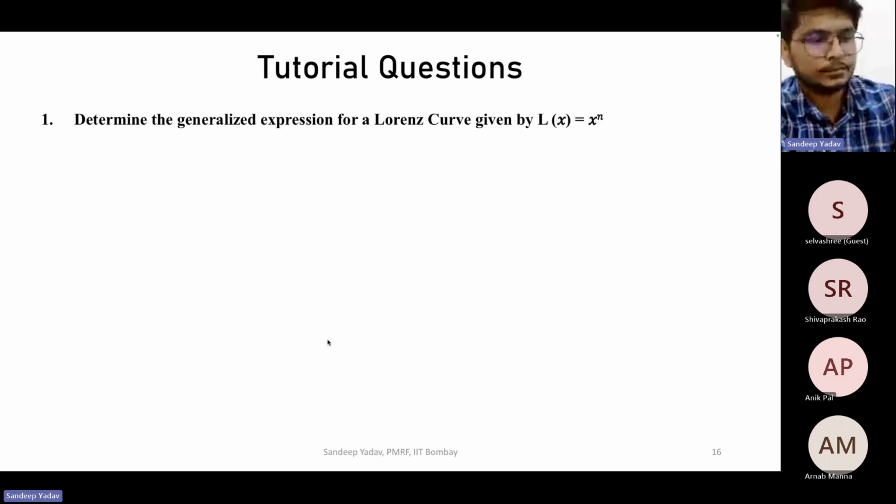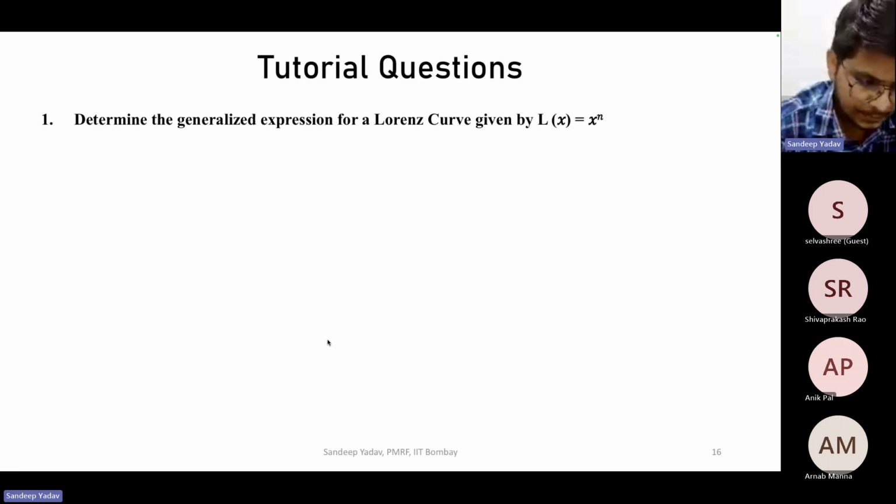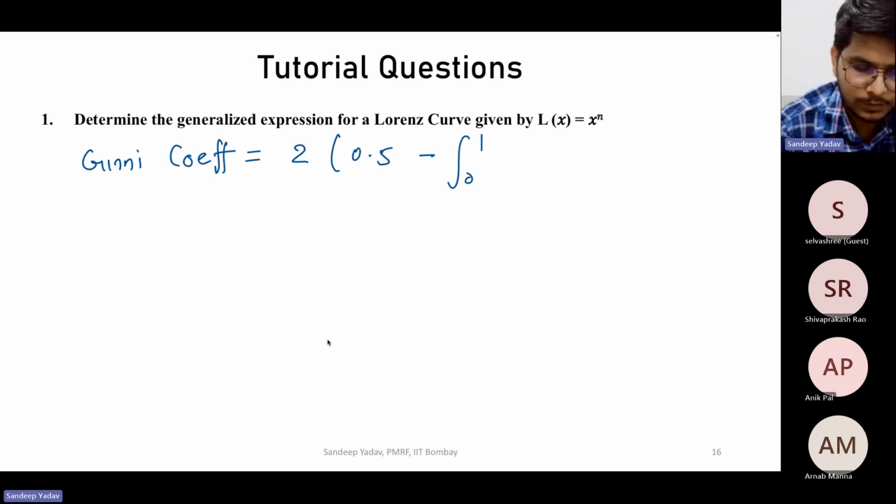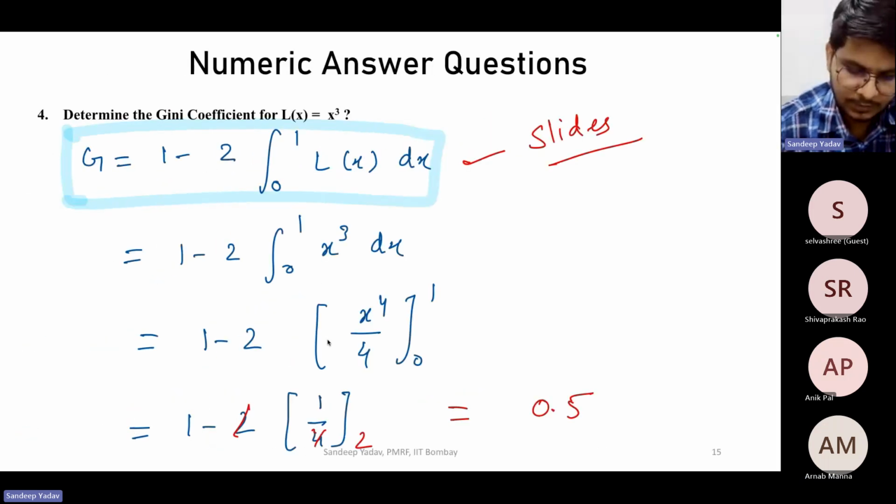So now let's see. Ideally the Gini coefficient was 2 multiplied by 0.5 minus the integral of L(x) dx, as we have seen here.